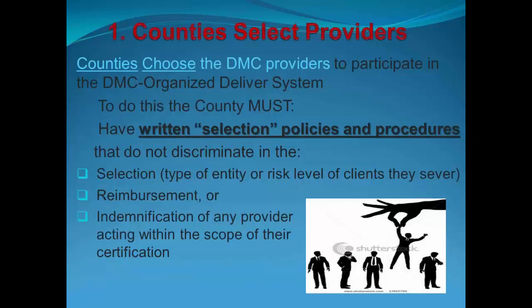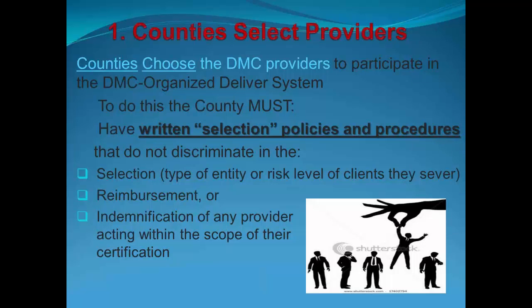It is specific to decentralizing some of the credentialing and selection of programs to the counties. Counties need to write selection policies and procedures. In the 1115 waiver, this is fairly clear that you cannot discriminate for the type of entity, whether for-profit, non-profit, sole proprietor, or the risk level of clients they serve.